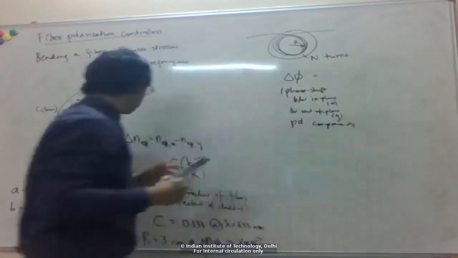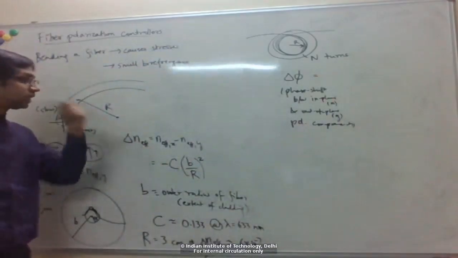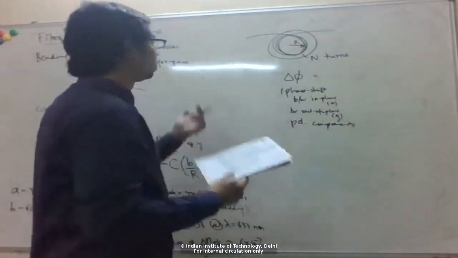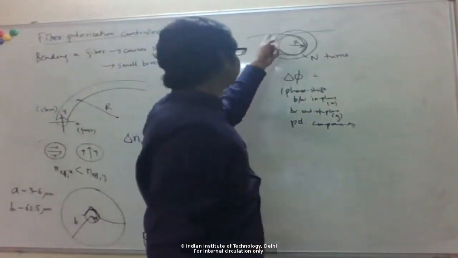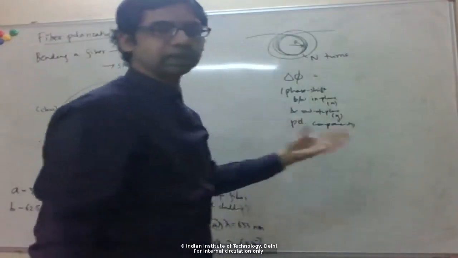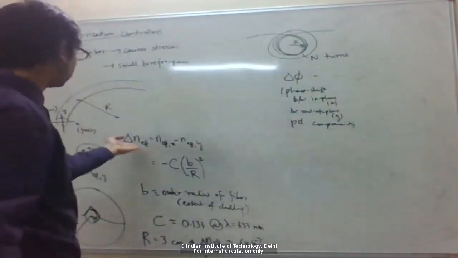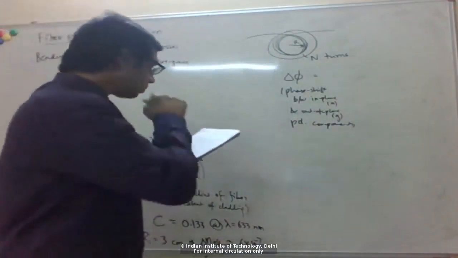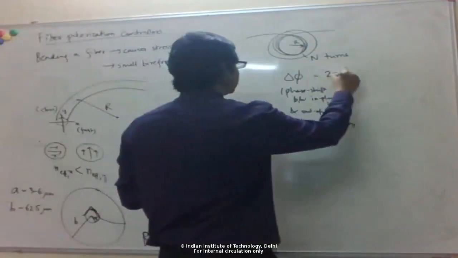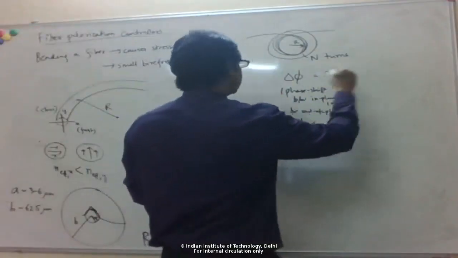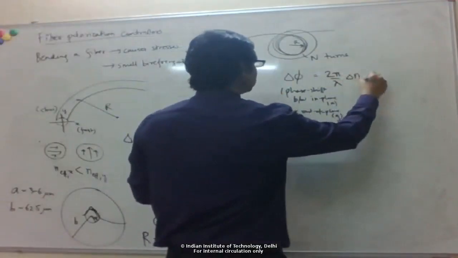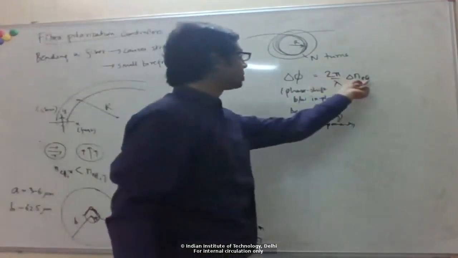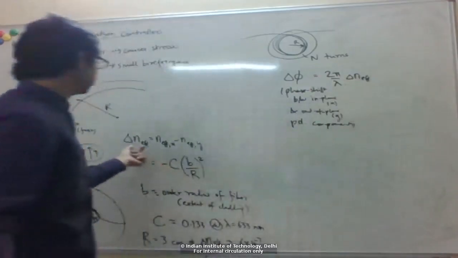We know that there is an index difference created that will create a phase shift, because the phase is just beta times the length. Beta is the propagation constant, which is 2 pi over lambda times n effective. So the phase difference is basically the difference in the propagation constant, k naught times the difference in n effective.